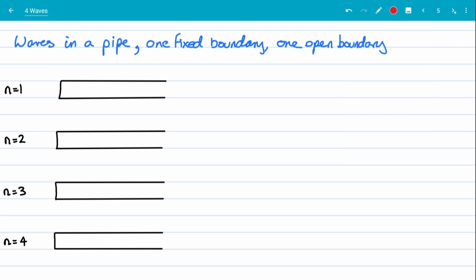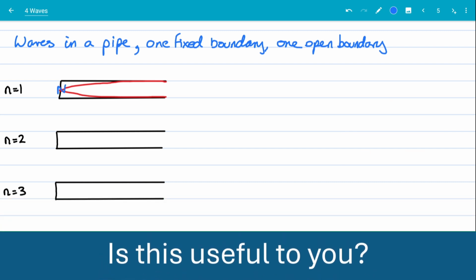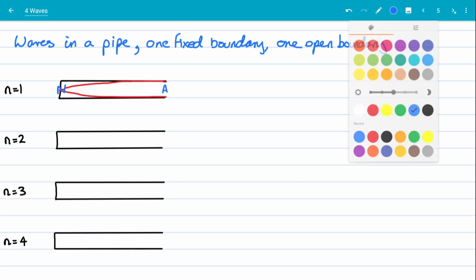And what can we get happen? Well, we can get the pressure in the air going from being like this, fixed at one end but open at the other. And what we've actually got there is a node at this end here and an antinode at the open end.